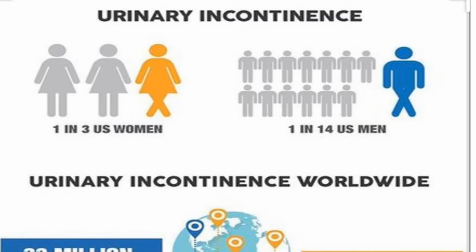We see here by this picture, one of the studies shows that 1 in 3 women suffer from stress incontinence, urinary incontinence in general, and the female to male ratio is 1 to 14, and it's estimated that nearly 200 million suffer from stress incontinence or urinary incontinence in the whole world.